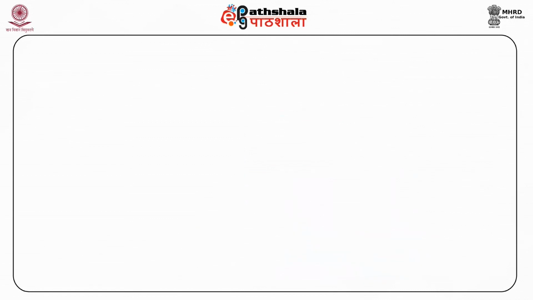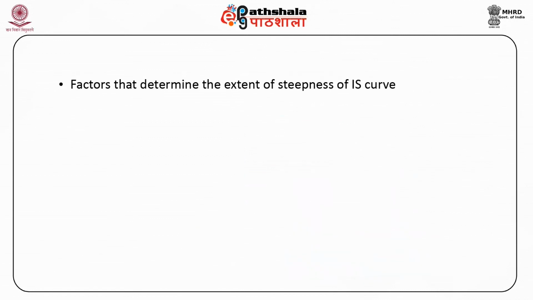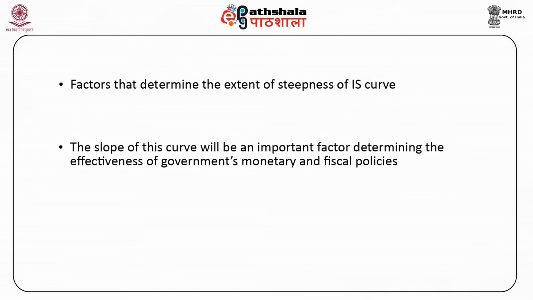Let us now see the factors that determine the extent of steepness of the IS curve. As we will see in later modules, the slope of this curve will be an important factor determining the effectiveness of the government's monetary and fiscal policies.